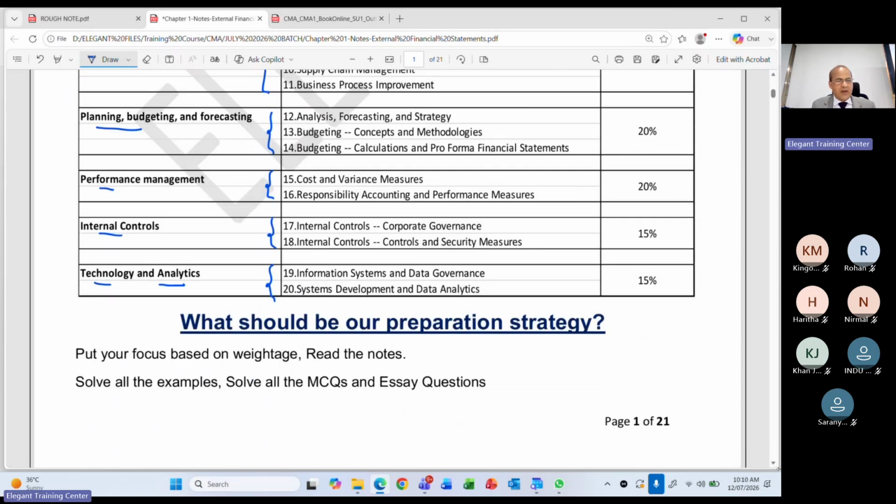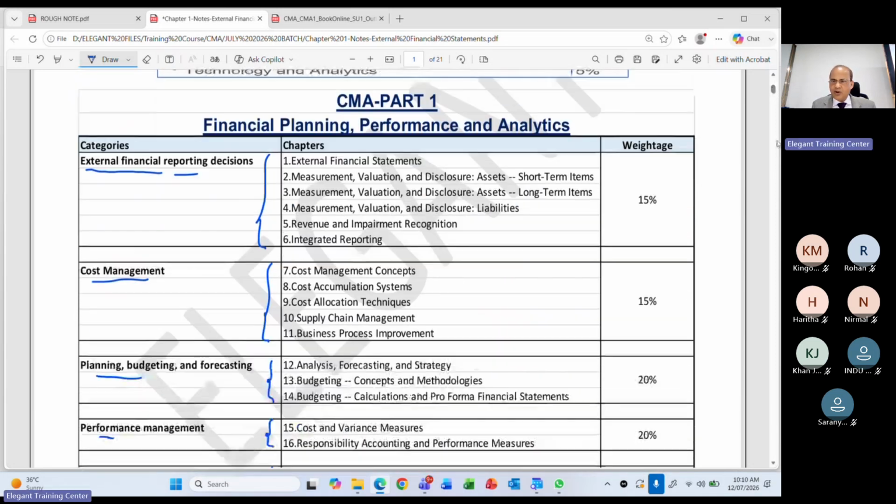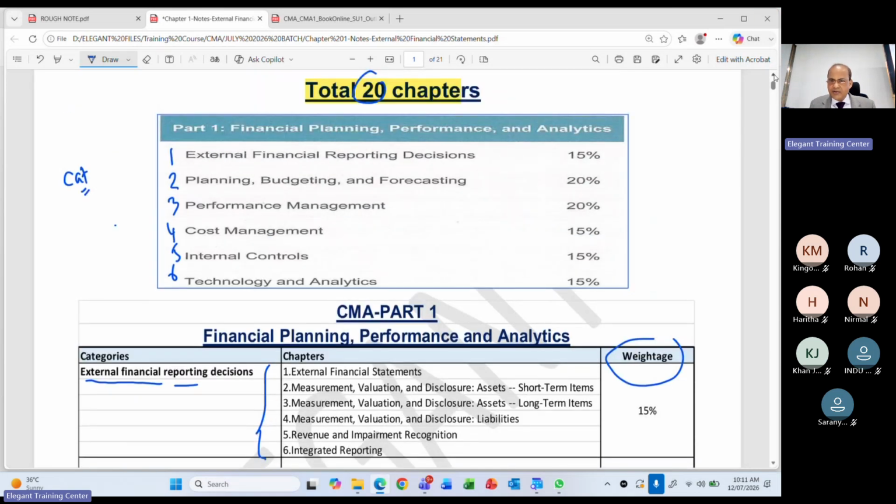So how to prepare for the exam? What should be your strategy for preparation? Put your focus based on weightage and read the notes. What is weightage? Weightage means the marks, how much percentage of questions can come, right? So you can see here, these are the weightages.